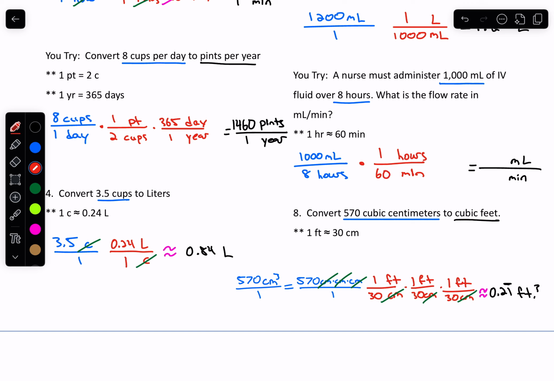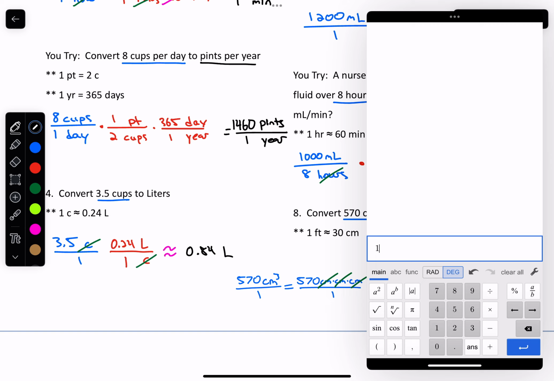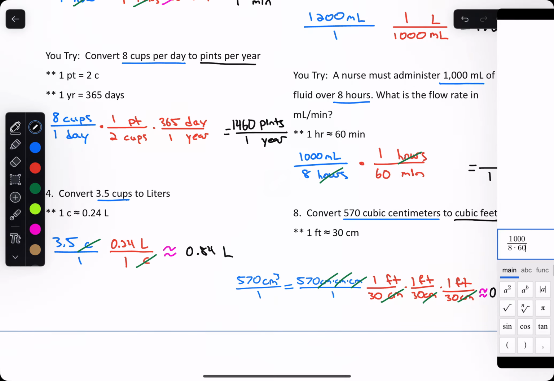So then all we have to do is reduce things here. We're going to have hours canceling hours. On top, we have 1,000, and on bottom, we have 8 times 60. So we're just going to work it out. 1,000 divided by 8 times 60 comes out to approximately 2.083, where we'll put a bar over the 3.